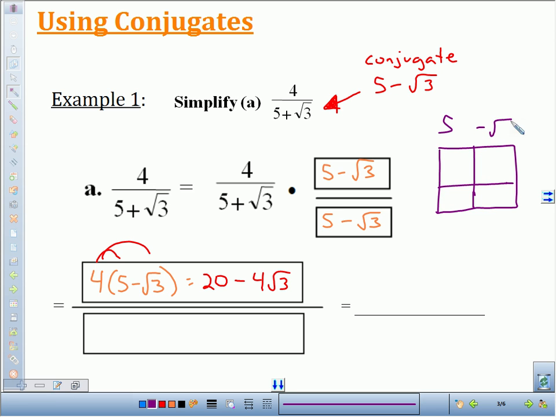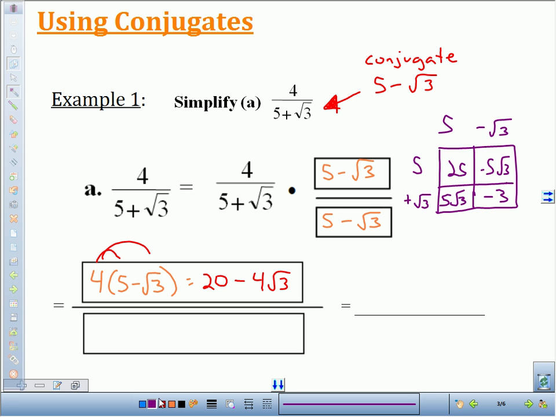Now we would have 5 minus the square root of 3 times 5 plus the square root of 3. We would have 25 minus 5 square roots of 3. Remember, if I have a regular number and a square root, when I multiply them, they don't combine. And then I have negative square root of 3 times positive square root of 3, which would multiply together and give you negative 3.